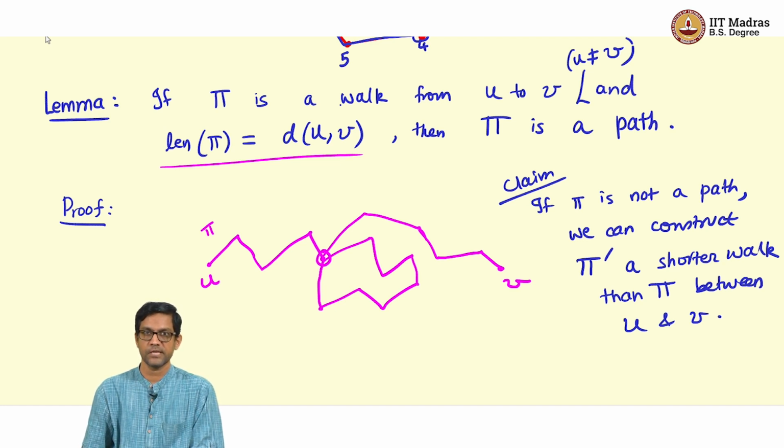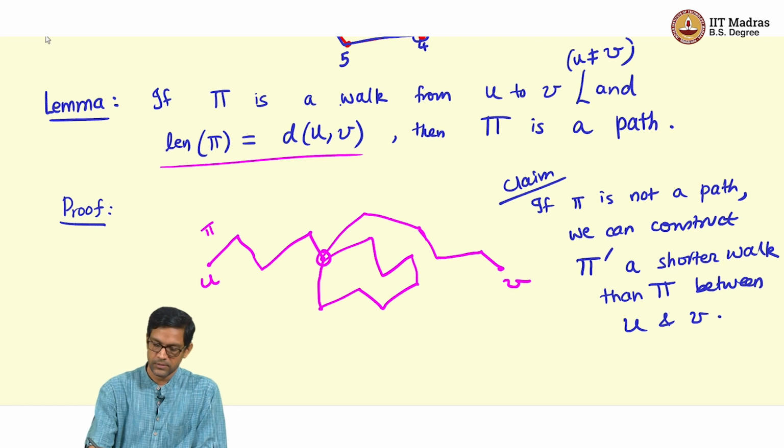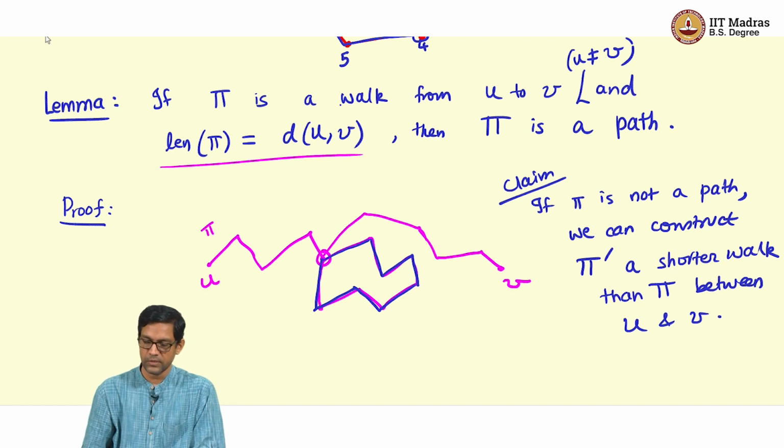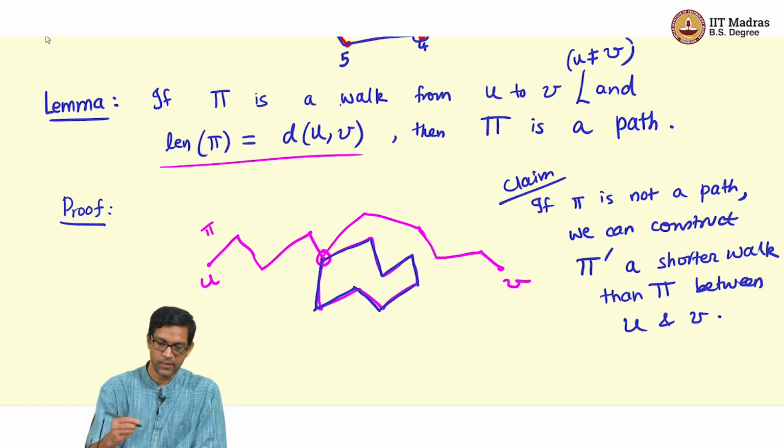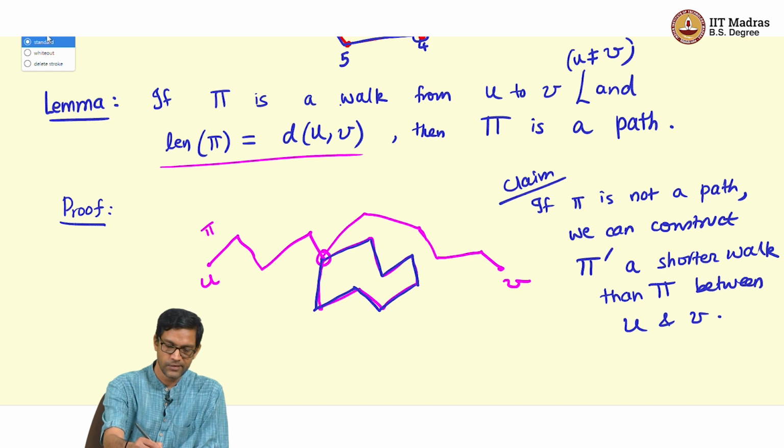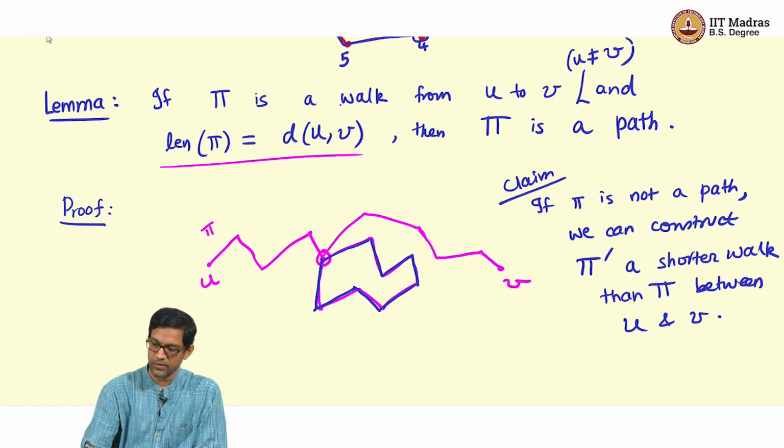Well, the picture sort of tells you what to do. So, there is a certain portion of pi where you sort of do something wasteful, you sort of go around and then you come back to where you were earlier, right. Now, how would you construct something shorter than pi? You would just delete that portion of the path. So, here is going to be our pi prime. We just take pi and delete the part of the path which comes back to this.